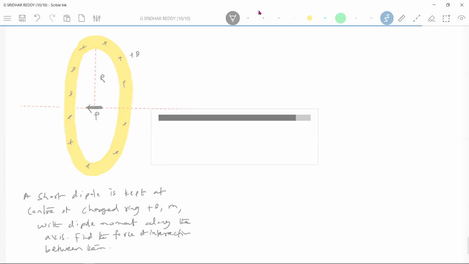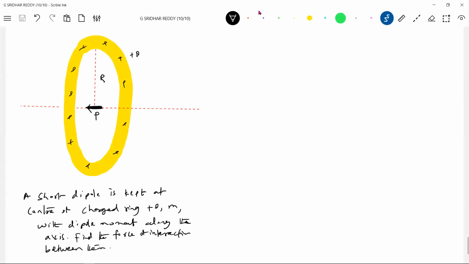Dipole and charged ring, you see there's a very nice condition being brought. Able to make it out? The dipole moment will be perpendicular to the plane of the ring.